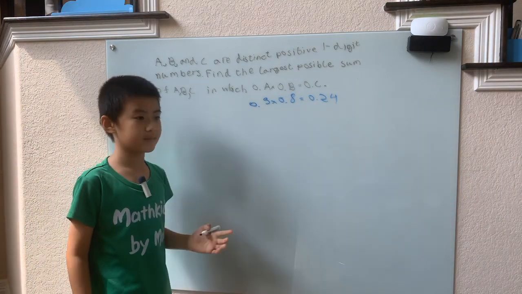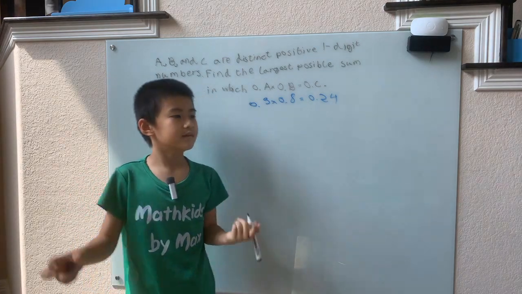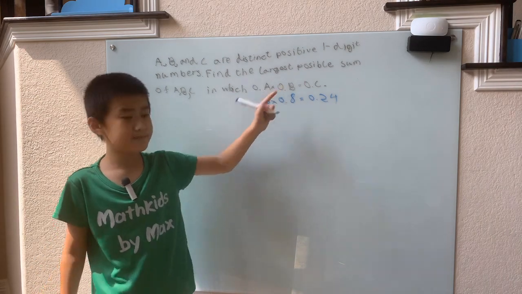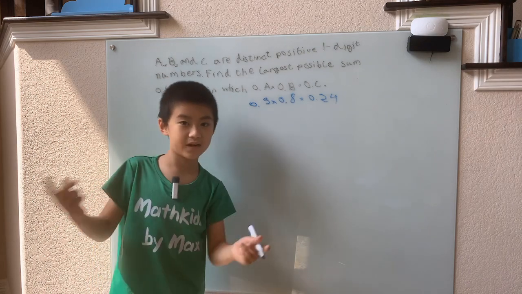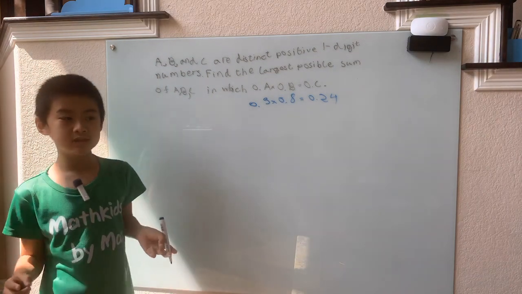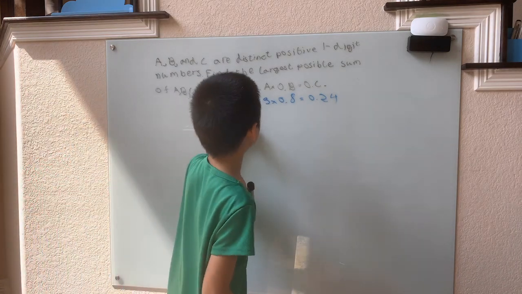Then you might be thinking, well, what if A or B is 1, and then we'll have 1 times some other number, and since that other digit has to be a 1-digit number, 1 times a 1-digit number is a 1-digit number, so we have 1 digit after the decimal point. But decimals don't work like that. Let me give you an example.